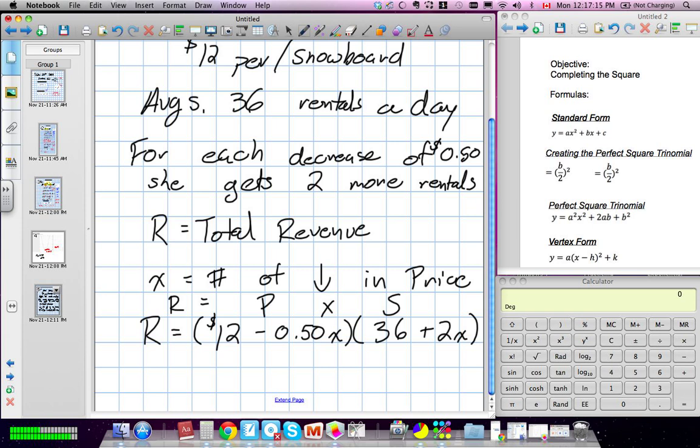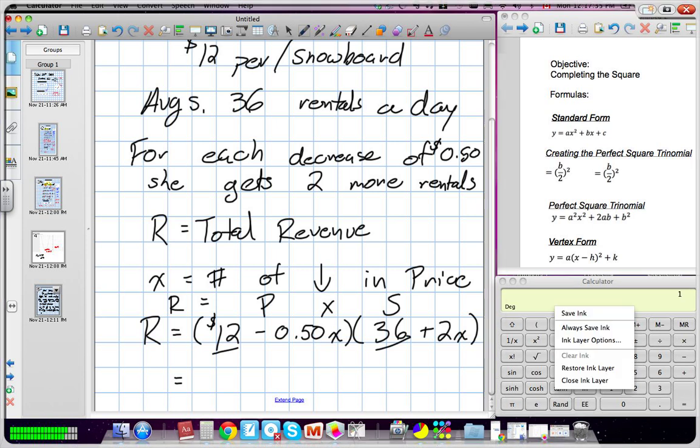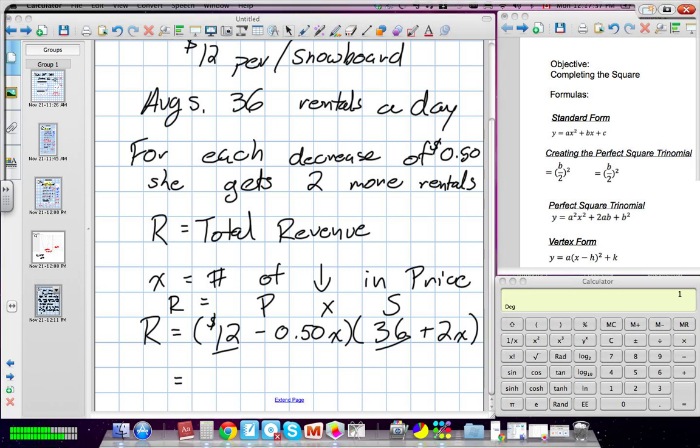There's quite a bit we've got to do here. So I'm going to expand and simplify to turn this into standard form. That means I'm going to multiply my first terms, which is 12 times 36. That gives us 432.